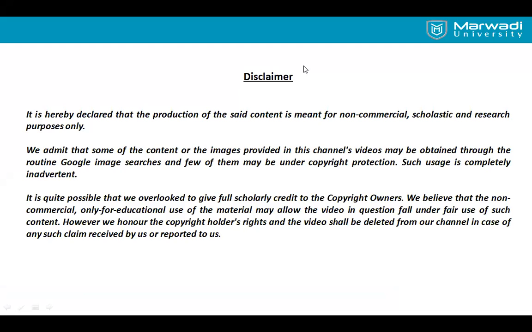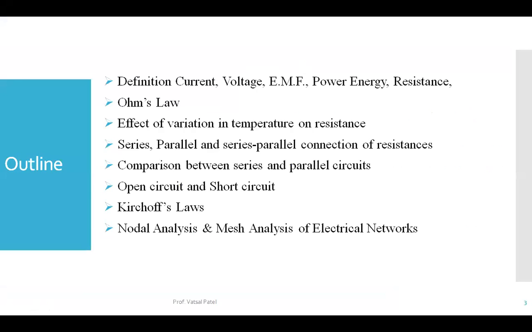See, in the last session we discussed the series parallel combination of the resistance, right? Yes or no?